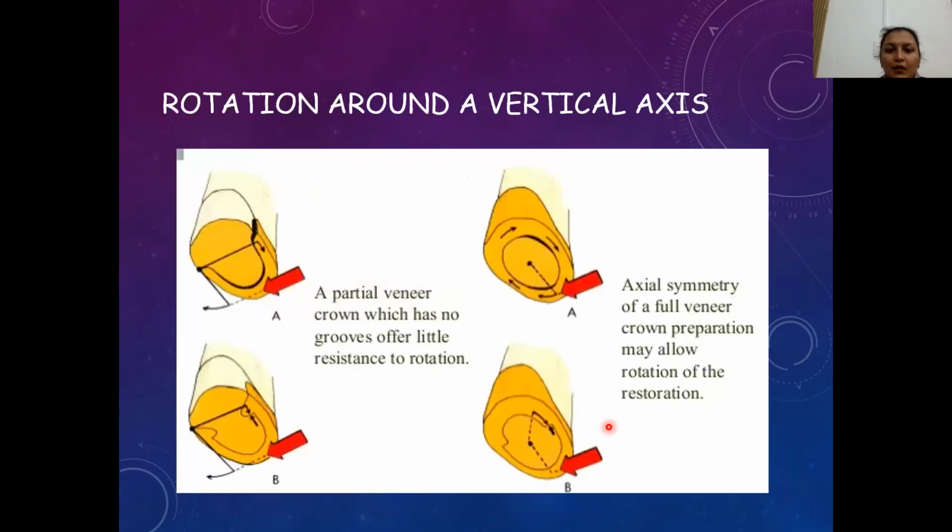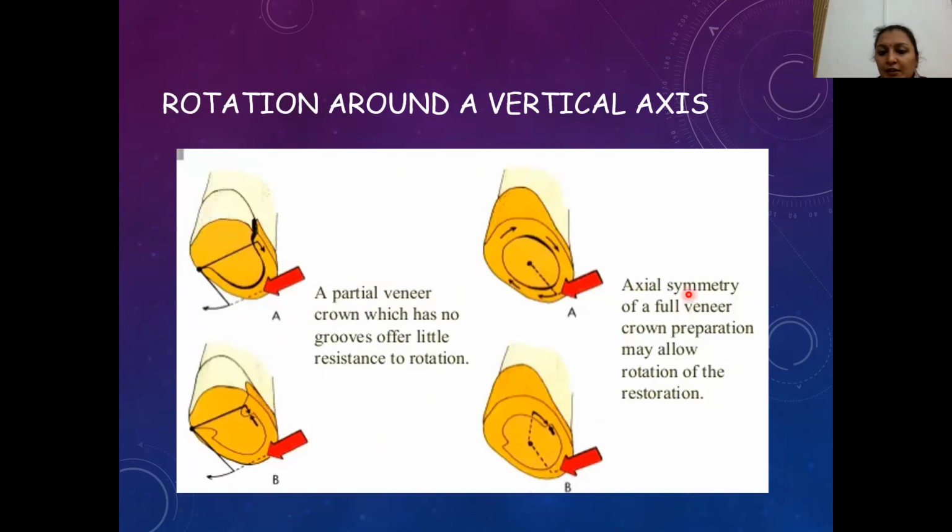Now, rotation around a vertical axis. A partial veneer crown which has no grooves offers little resistance to rotation. However, if grooves are incorporated, the lingual wall of the groove will resist the rotation.